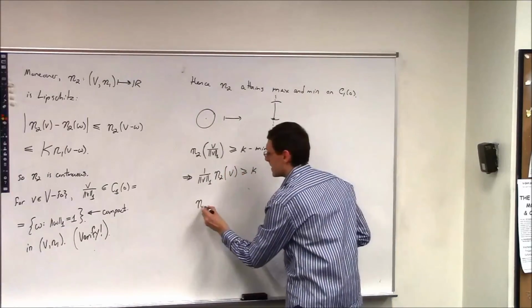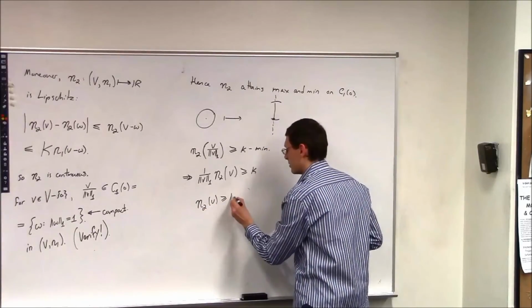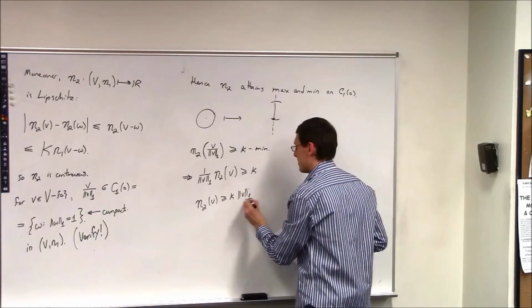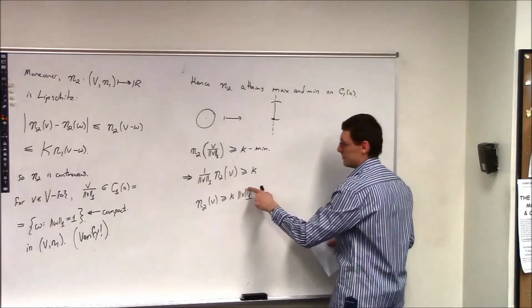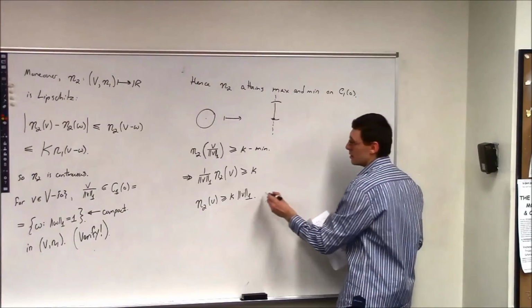So N2 of V is bigger than or equal to little k times the size of V. And the proof is now complete.